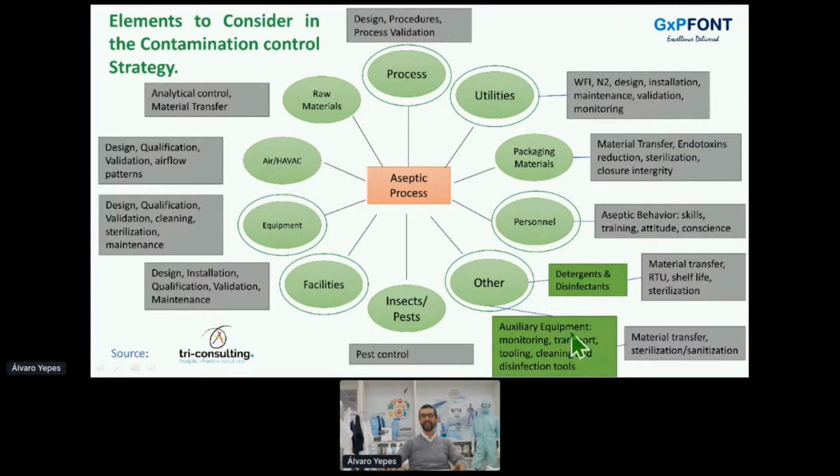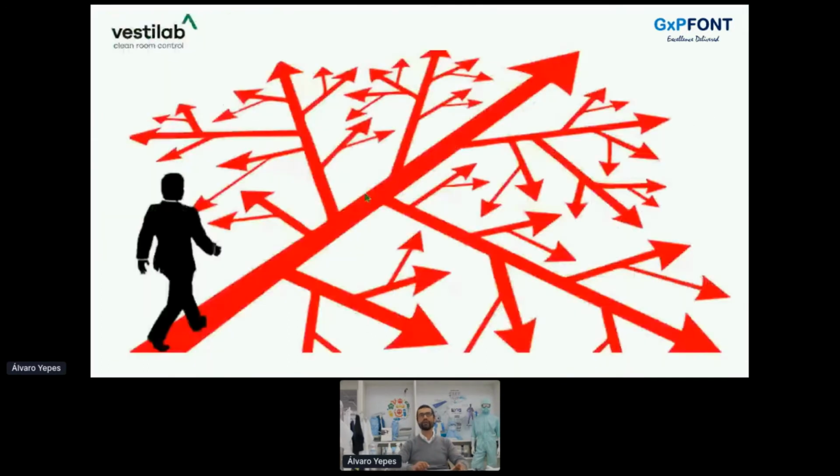Is my cleaning and disinfection schedule taking into account all the possible routes of contamination through personnel? What is happening with the materials and the packaging of the biocides or the wipers I'm introducing in the clean room? Are they making an extra load of contamination in my area? This is the kind of analysis that Annex 1 wants you to take into account, instead of doing isolated analysis of each factor.